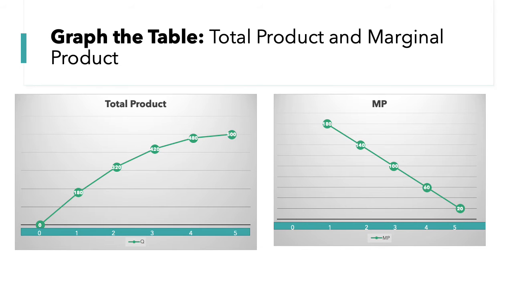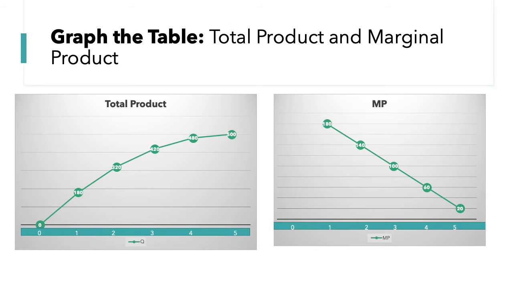This is a graph of the previous table. So here we see the total output or total product, and on the x-axis we have the number of baristas that are currently working. So if we have 0 baristas, we produce 0 output. It doesn't matter how many coffee machines that we have. When we have 1 barista, we have 180 units of cappuccinos made.